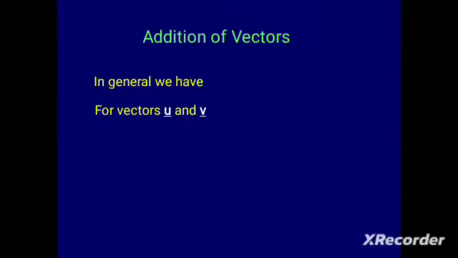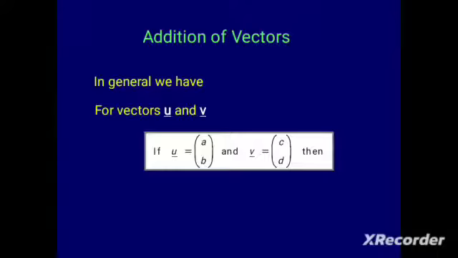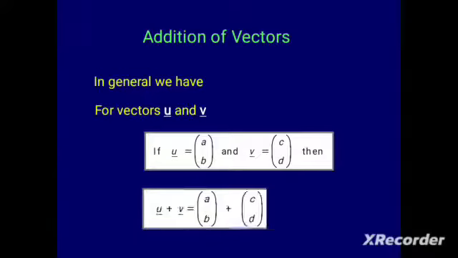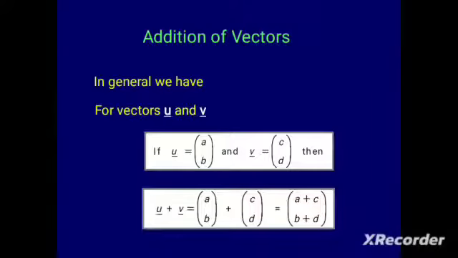Now, in general, for vectors U and V, if vector U is A, B and vector V is C, D, then if we add the vectors, U plus V, we get A, B plus C, D. We are adding the components.